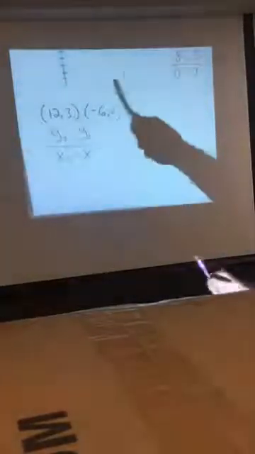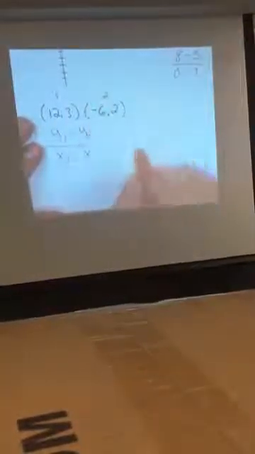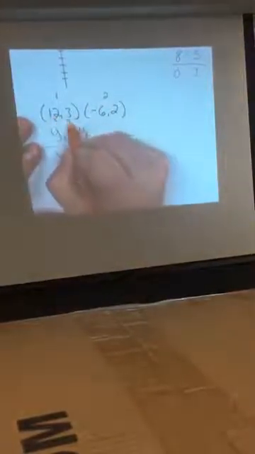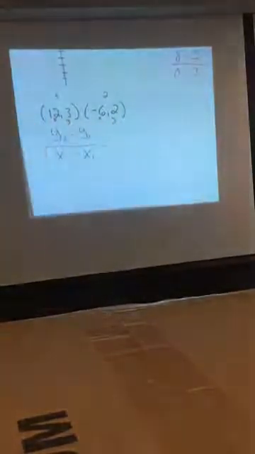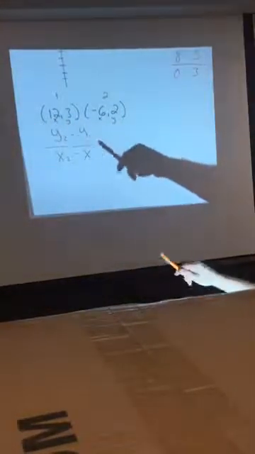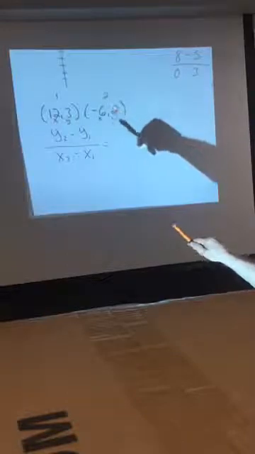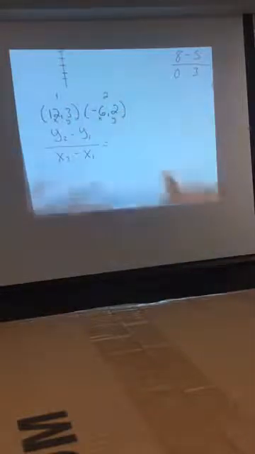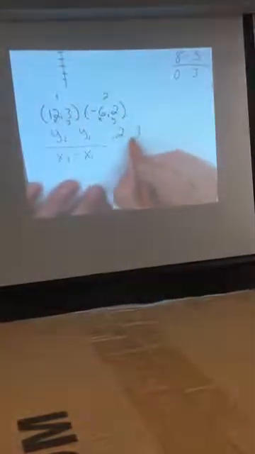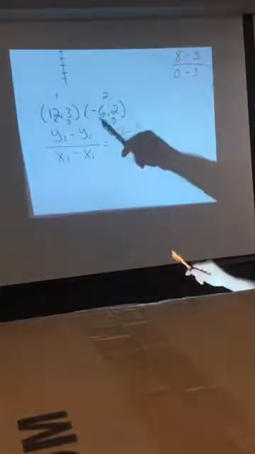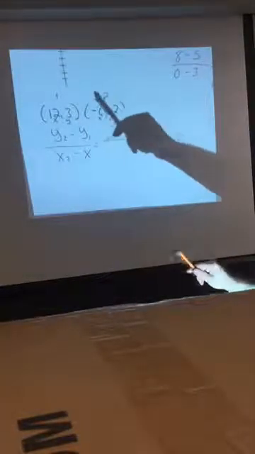So, until you get good at it, you might want to label these. So we'll call this point number 1, call this point number 2. Remember, this is the x, the y, the x, the y. So we're taking y2 minus y1. So we're going to take 2 minus 3. x2 minus x1, you're going to take the negative 6 minus 12.